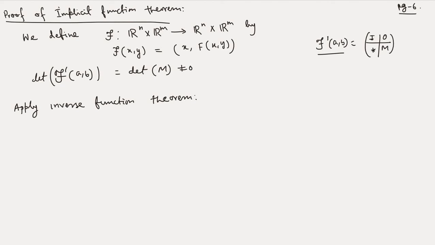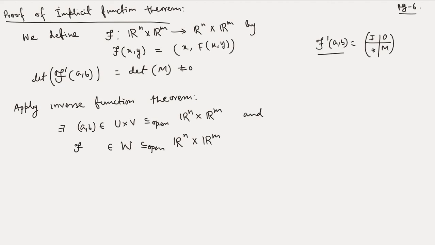The inverse function theorem says that there exists an open set U cross V, open in R^n cross R^m, containing the point (a, b), and some open set W, open in R^n cross R^m, containing the point script f of (a, b), which is equal to (a, capital F(a, b)).